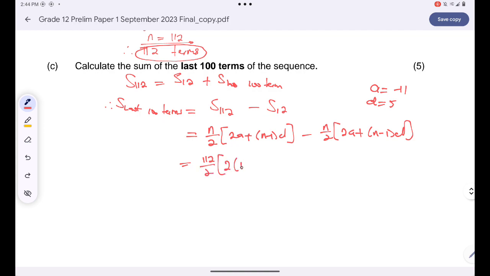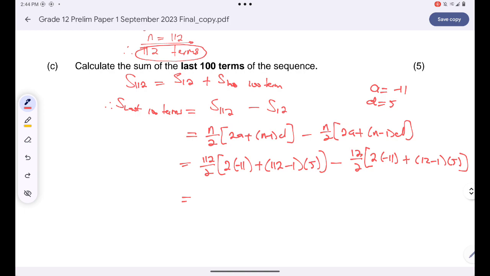And then I'll have 2 multiplied by a, that's negative 11, plus 112 minus 1 multiplied by d, minus the sum of the first 12 terms, that's 12 over 2, and then I'll have 2 times the negative 11 plus 12 minus 1 times d. So these, guys, will simply give me the sum of the last 100 terms.